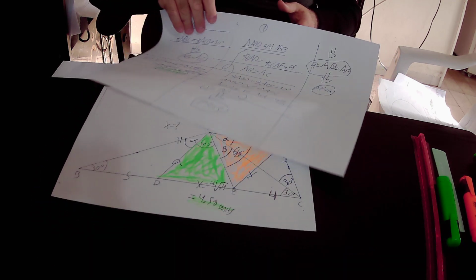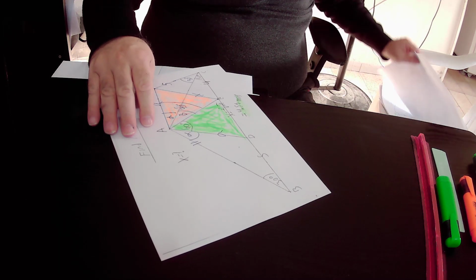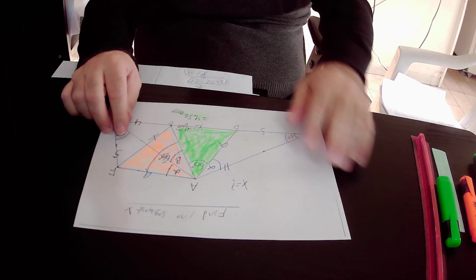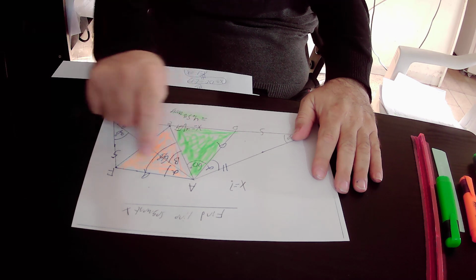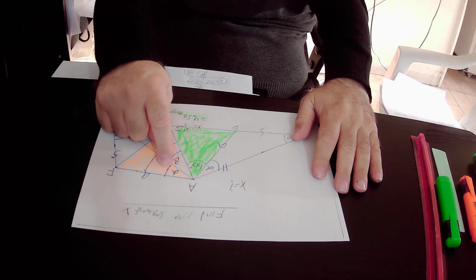Then we did two constructions. In the first construction, from point A, we draw a straight line in such a way that the angle between the straight line and side AC equals alpha. So this angle equals alpha according to our construction.